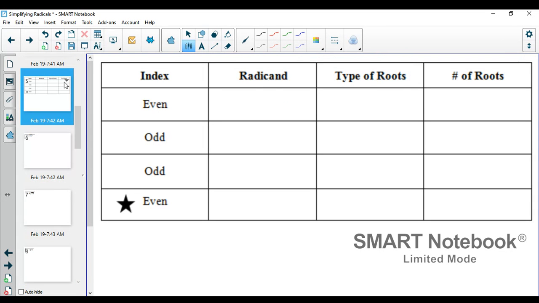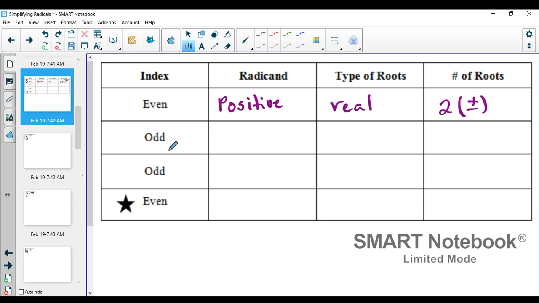So you have this chart here, and it tells us the different possible answers that you could have. So if our index is even, and the radicand, which is the number underneath the radical sign, is positive, then we'll have real roots, which means they'll be real numbers that won't involve i, and it'll have 2 roots, a positive and a negative.